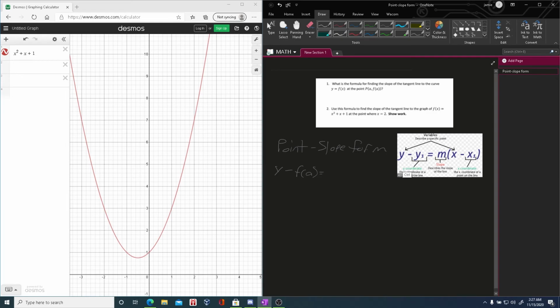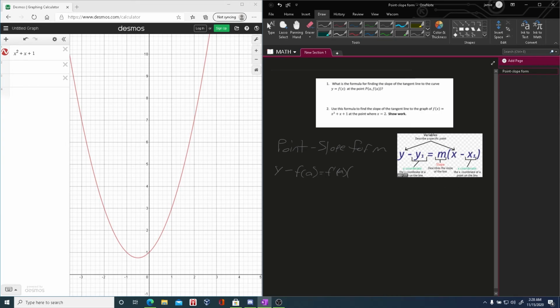equals the slope. Well, we want to write m, but we have to remember the slope is the derivative, the output of the derivative at the given point a. So that is written f prime of a times x minus x1.